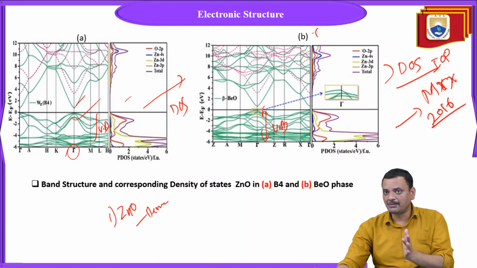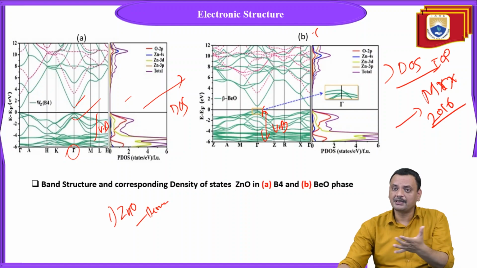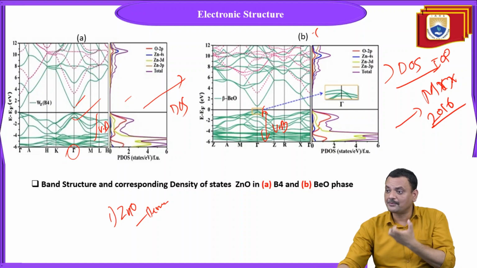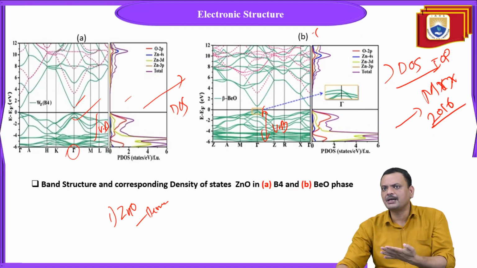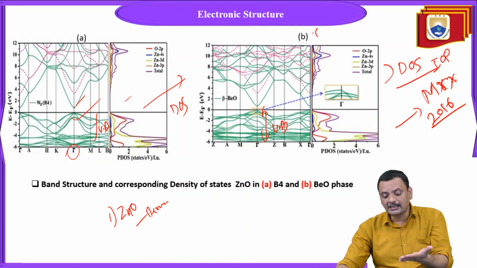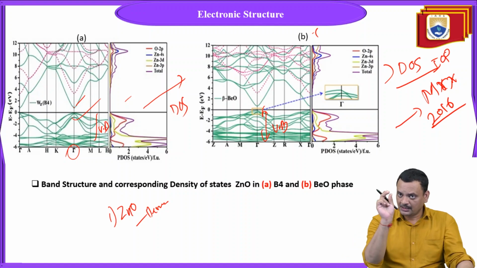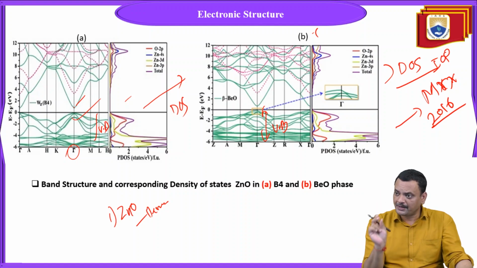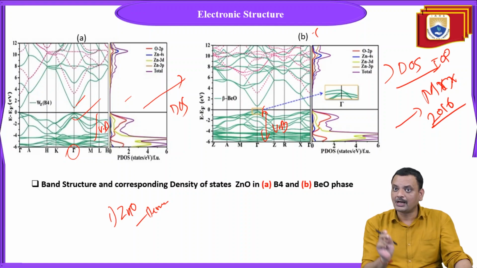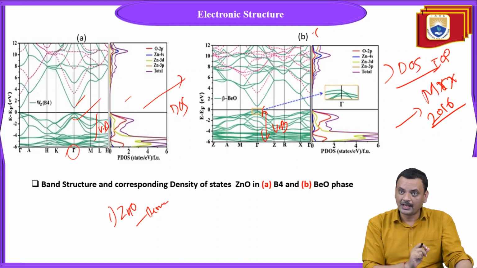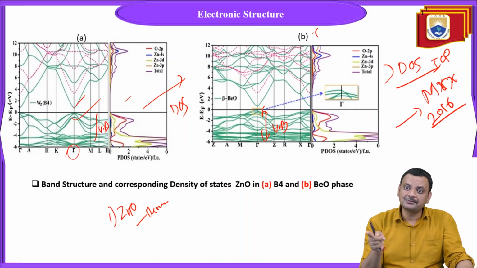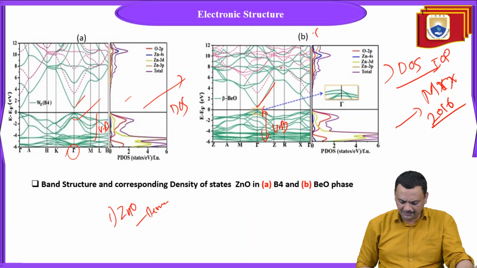So in the Gamma to Z direction, generally the effective masses of holes are heavier than electrons. But in this particular phase, you are getting a lower effective mass value of hole compared to electrons, and even the effective mass value of electron in this direction is also very, very low.